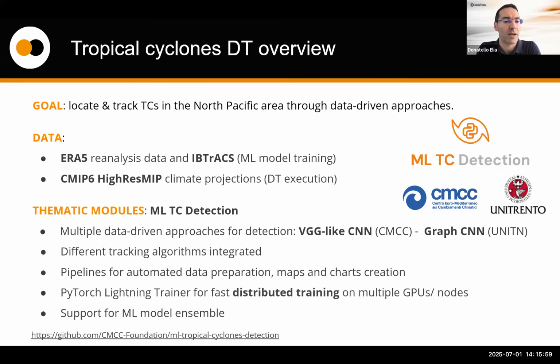It also provides the pipelines for pre- and post-processing the data, as well as for visualizing the results. And it provides the capabilities for running distributed training over multiple GPUs, as well as supporting the execution of an ensemble of machine learning models. Next slide, please.